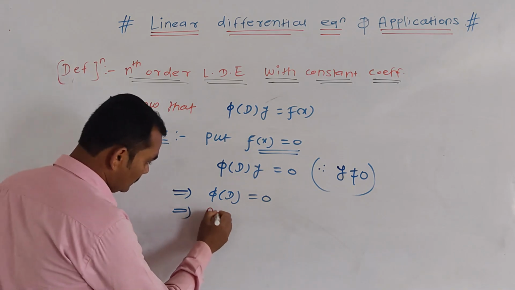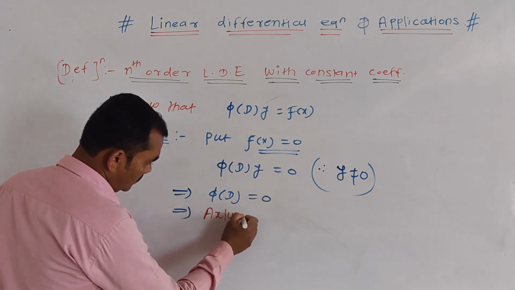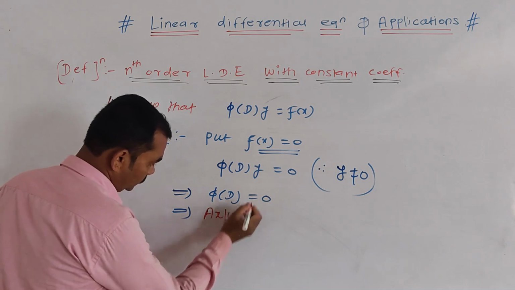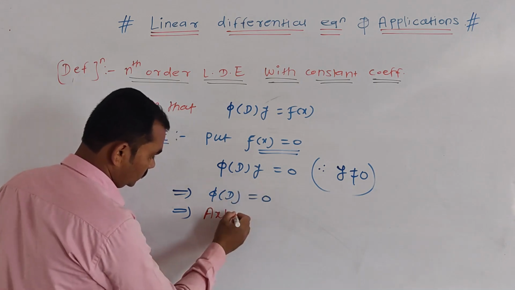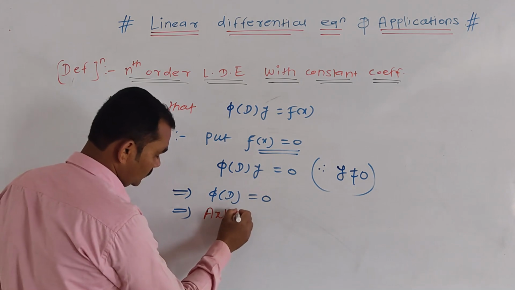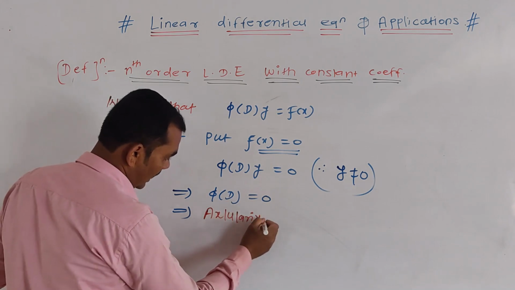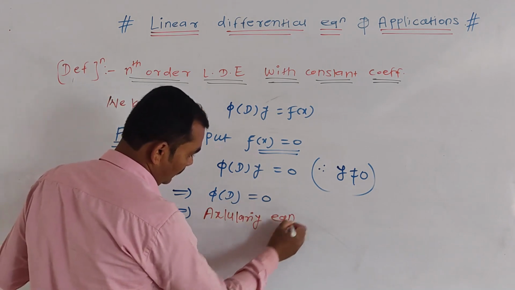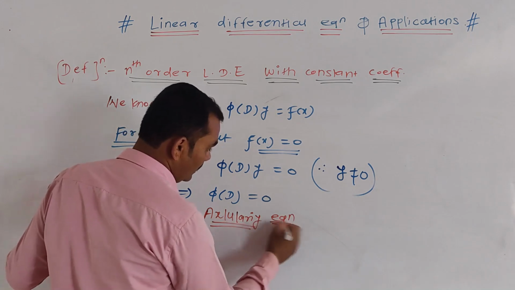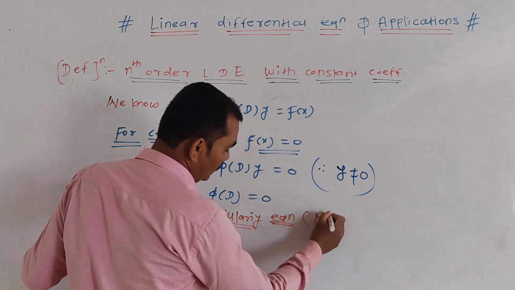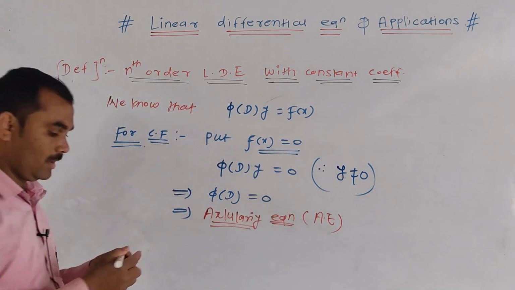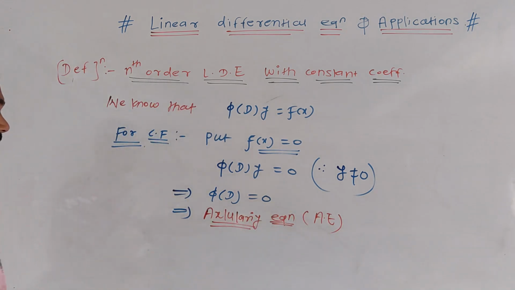Phi of D equal to 0 is called the auxiliary equation.